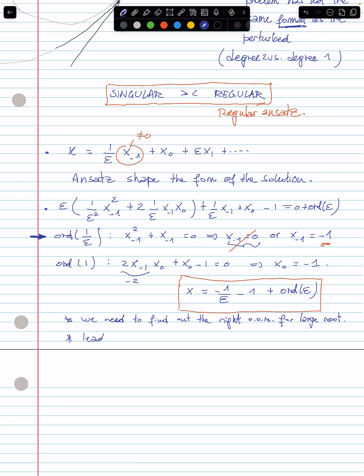What worries me a little bit more is that the leading order is 1 over epsilon. And if you do things right in perturbation methods, the leading order should not be 1 over epsilon, because it means that at leading order you're balancing things that are really large.